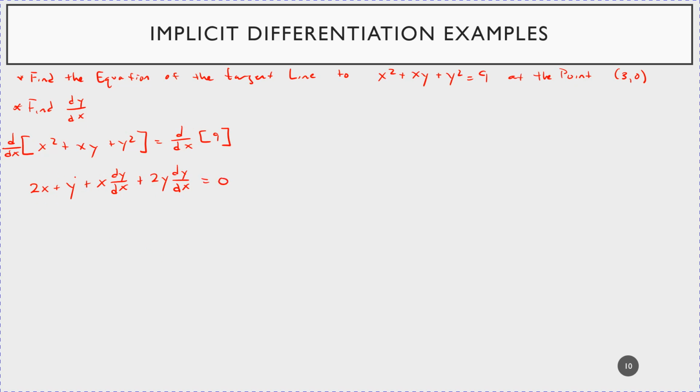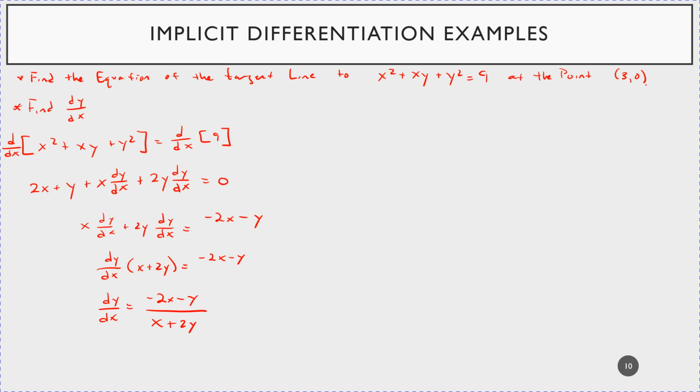So let's subtract this over to the other side. So I get x dy/dx plus 2y dy/dx is equal to negative 2x minus y. Factor out a dy/dx. So the derivative dy/dx is equal to negative 2x minus y divided by x plus 2y.